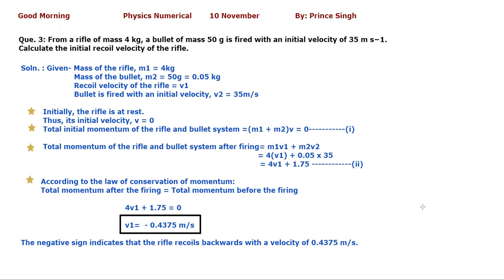The negative sign indicates that the rifle recoils backward with a velocity of 0.4375 meter per second. So clear everyone? Anyone having any doubt in this? This is the systematic way to solve the numericals.